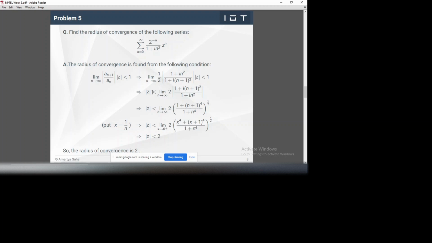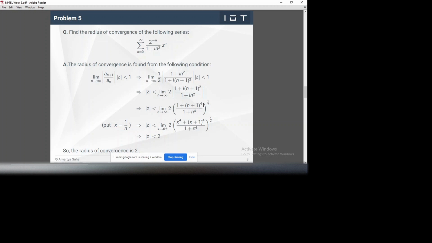So for uniform convergence, mod z has to be less than this limit, n going to infinity, 2 into this function. Of course this is a complex number inside, so we'll have to take its absolute value.